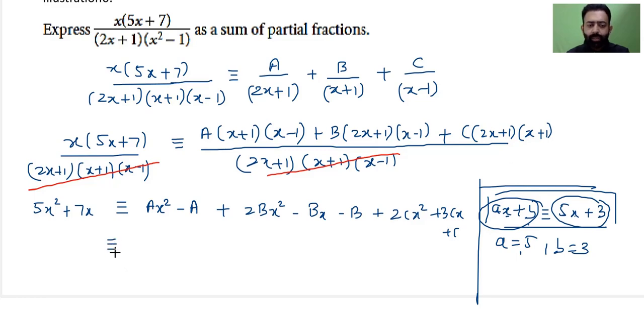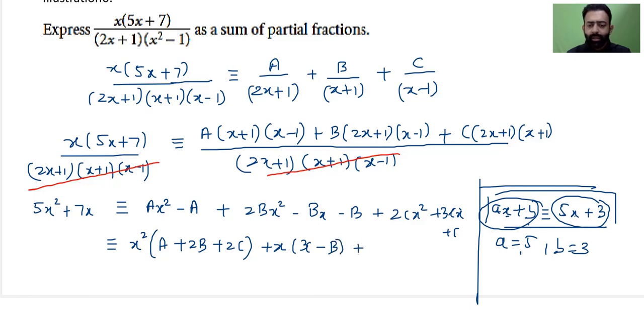Okay, this is just simplifying all the three brackets, right? Now you just combine the coefficient of x square. So x square, here I have a, this is 2b, and here I have 2c. Now we have the coefficient of x, so plus x, I have 3c, and here I have minus b.